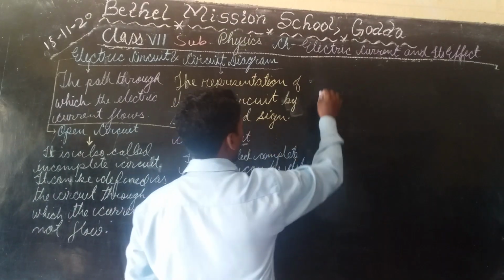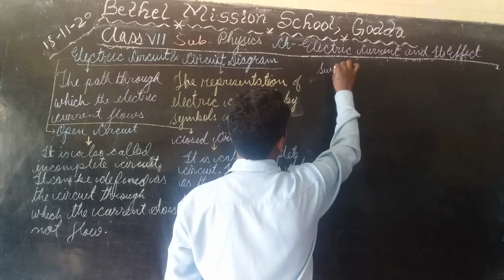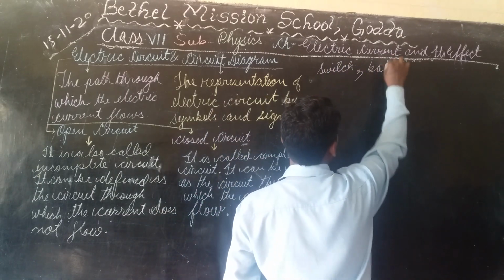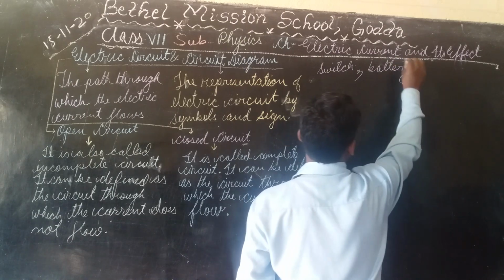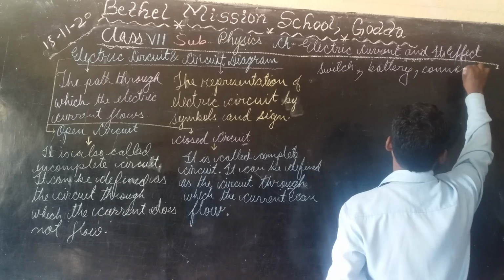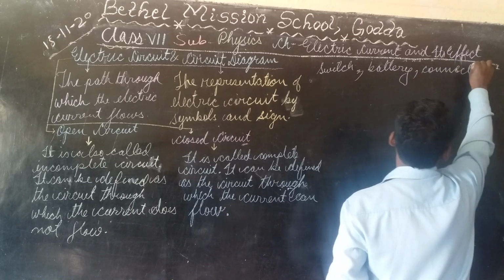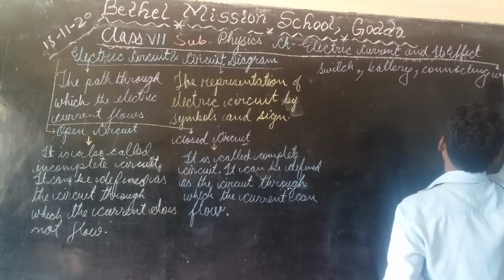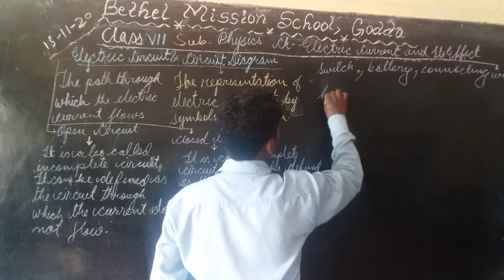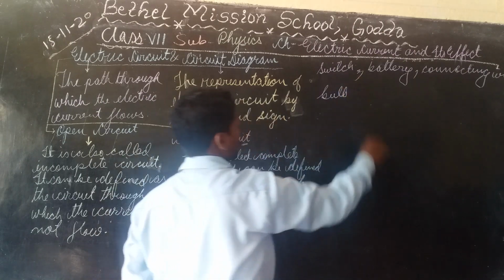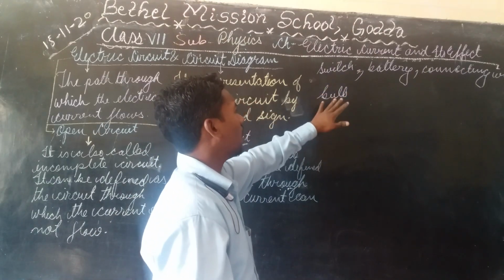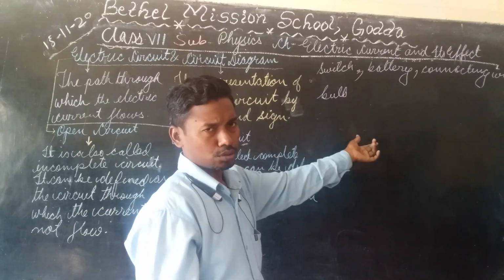For example, I have got a switch, a battery, connecting wire, a diode, and a bulb. So we have to combine all of these in such a way that our bulb glows.